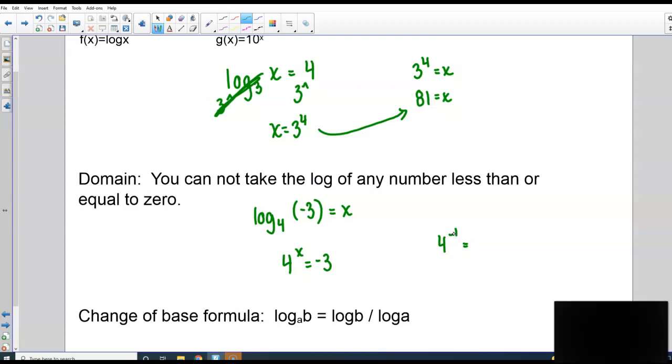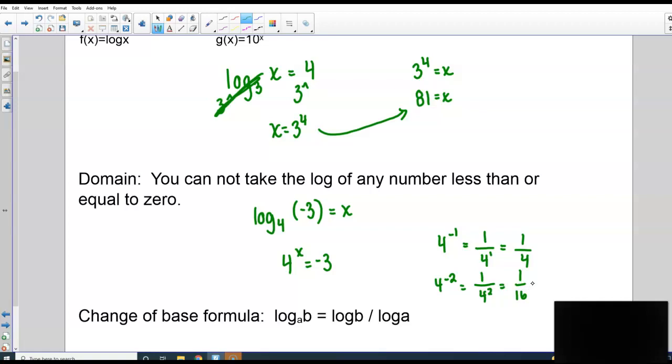But in this case, it's going to go to the bottom of the fraction and become positive, right? So 4 to the -1 is really 1/4, right? And if I had 4 to the -2, I'd get 1/4 squared, which would be 1/16. Right? And I could keep doing that with negative numbers.